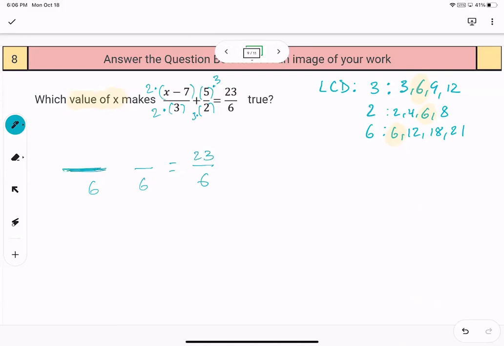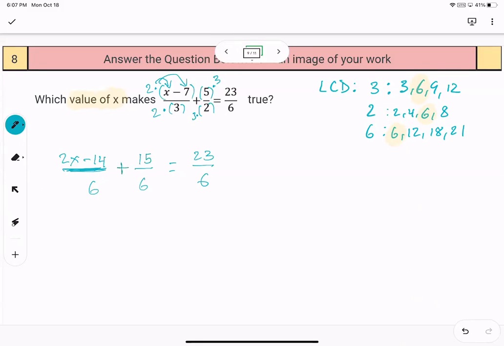Now let's take a look at the fractions. When we do 2 times x minus 7, we're still going to multiply that by everything in that numerator. So we're going to distribute. That's 2x minus 14. And then we have 5 times 3 here, so we're going to do 15 over 6.